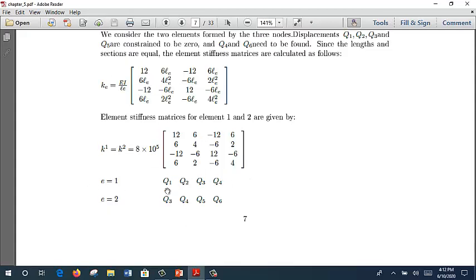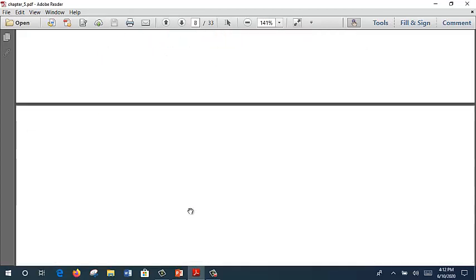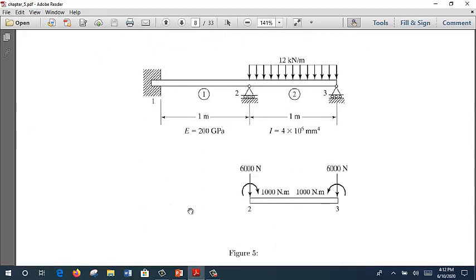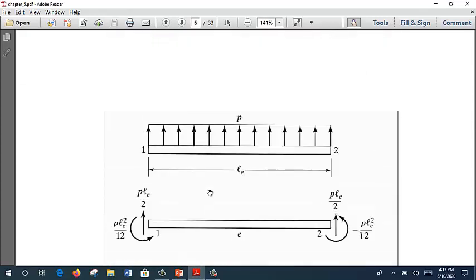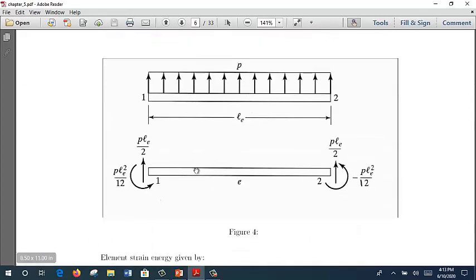Element 1 is connected to the degrees of freedom Q1, Q2, Q3, Q4, and element 2 is connected between Q3, Q4, Q5 and Q6. So this is what I'm talking about. From here, how do you get this kind of diagram, what I call the degree diagram here? If you still remember, I informed you that you need to understand this, right?